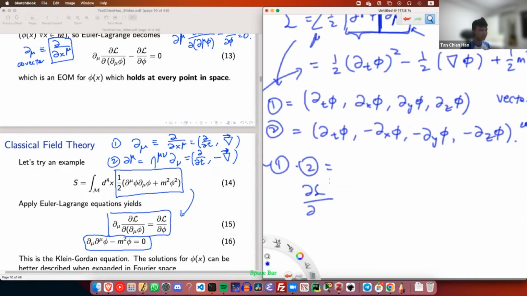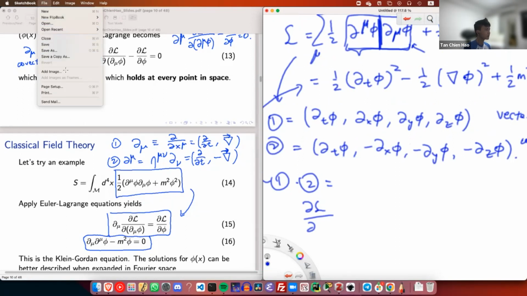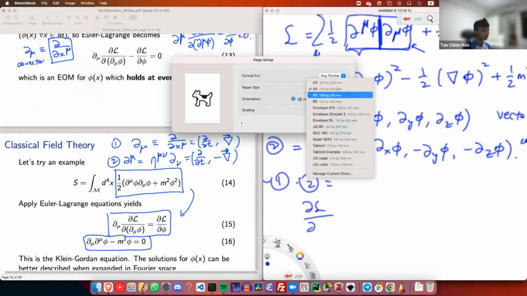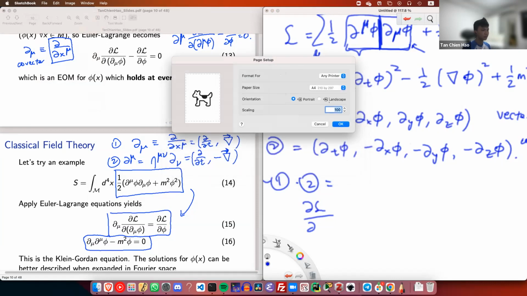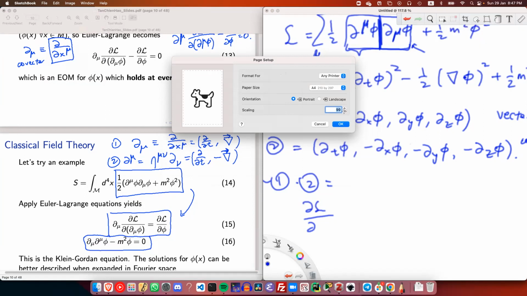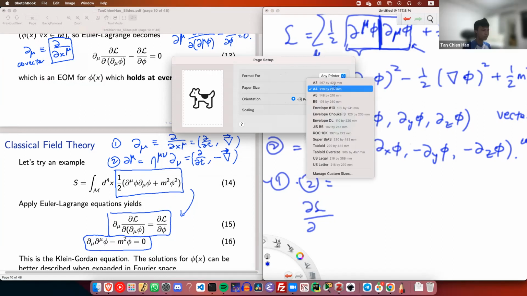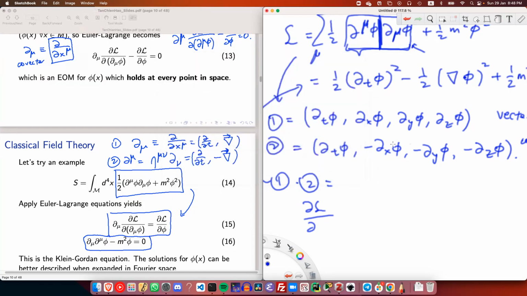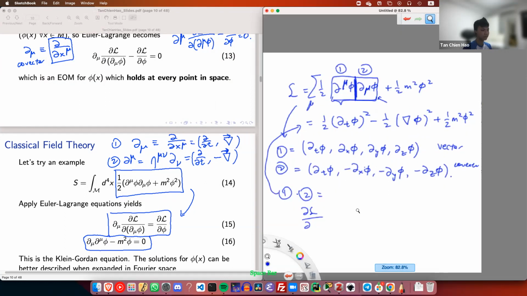With respect to, oh man, I should really expand the canvas size. Page data, A3, manage custom sizes. Apologies. This really feels like a real lecture now. I think you need to click on add, then just scale it up to crazy. Okay, so now, wait, that didn't really help.